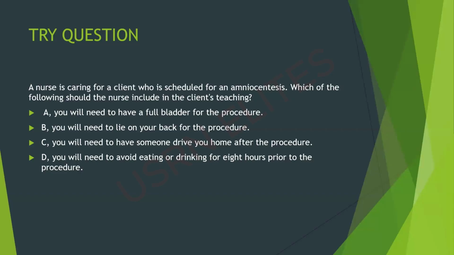So 15 and above, it's still late, and you don't need a full bladder. Thank you so much. So please, it's a simple thing you should understand: amniocentesis, you don't need a full bladder. As simple as ABCD. Please take note of it, and it shall be well.